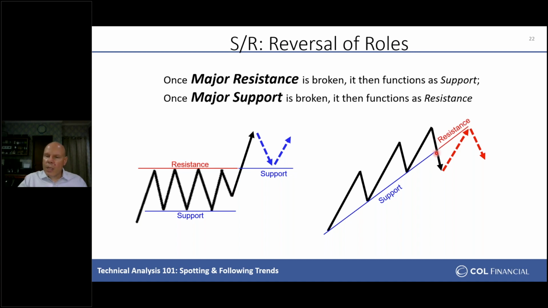So if you've missed the opportunity to sell your position in this crack, then in the next recovery you probably want to sell your position coming closer to where this resistance band will be. Similarly, if you missed the opportunity to buy earlier on, then you want to use this correction towards support as your next buying opportunity. And so understanding the reversal of roles should help you understand when those next opportunity spots can come around.